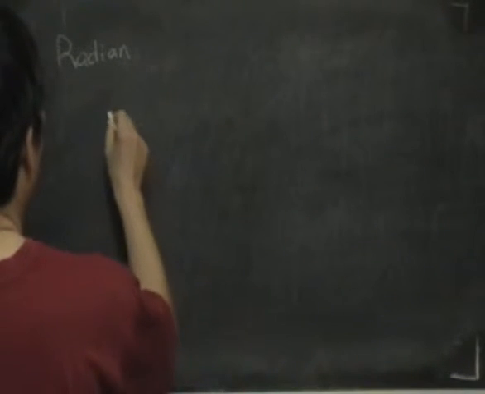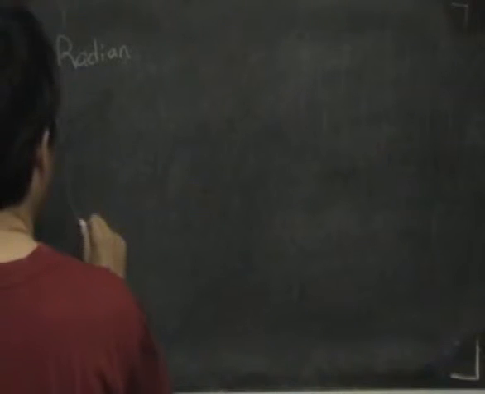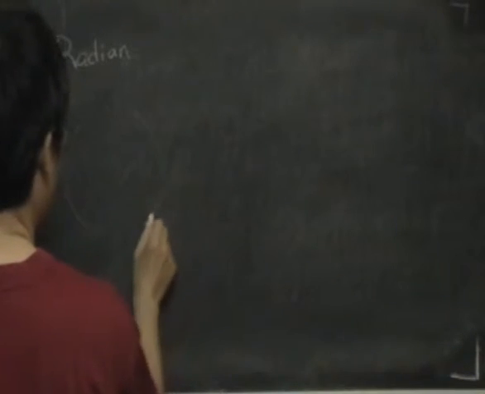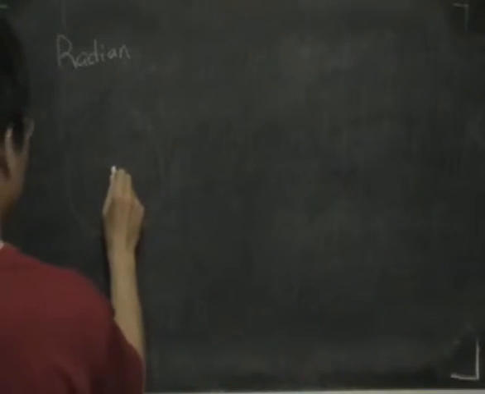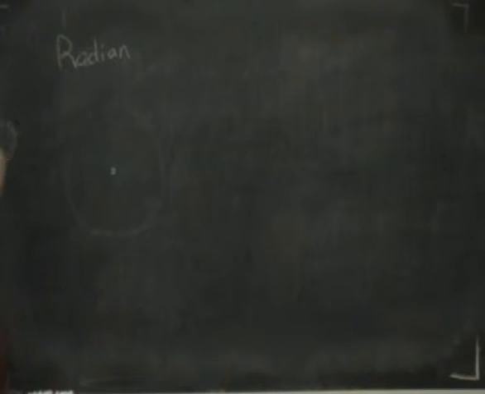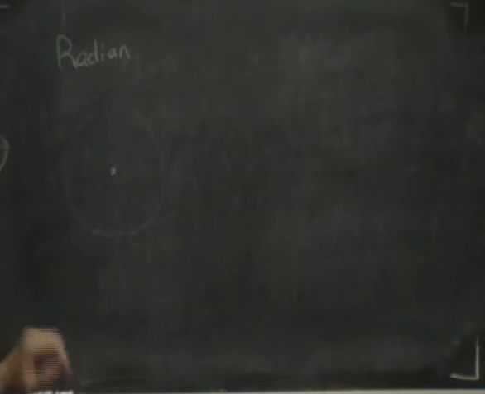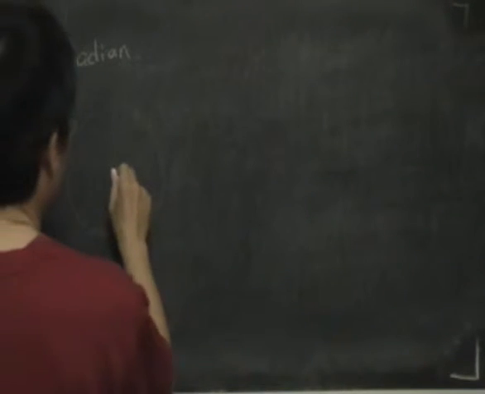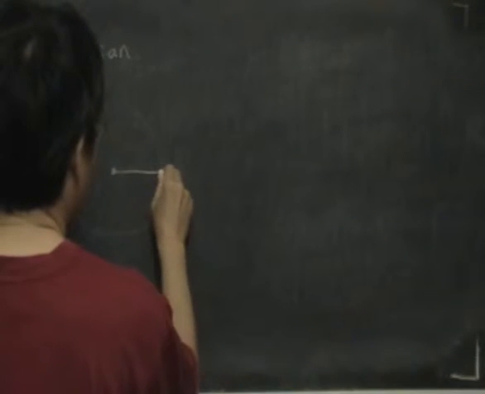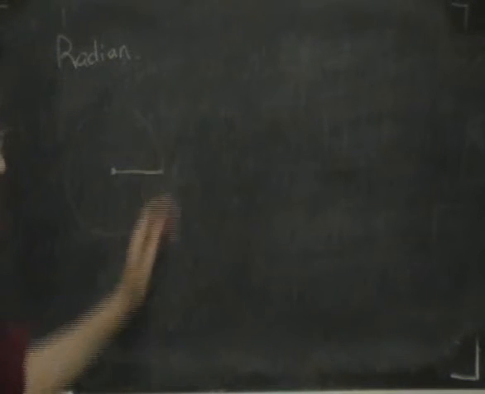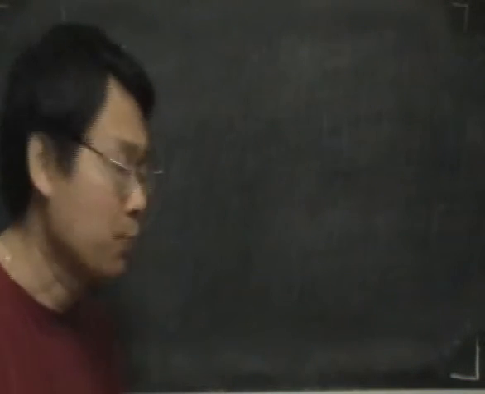Now, imagine drawing a circle, and this is the center of the circle. Suppose I have a circle and that is the center. I draw a horizontal line from the center to the circumference of the circle.